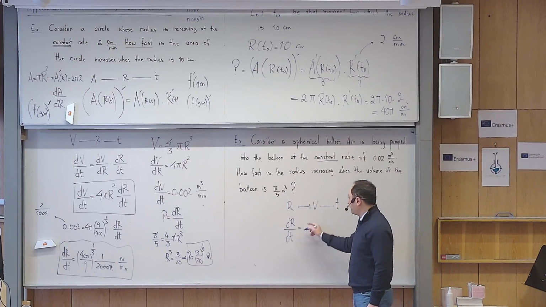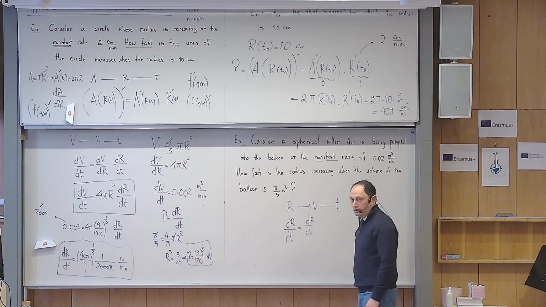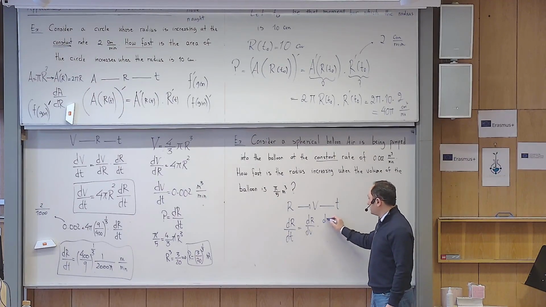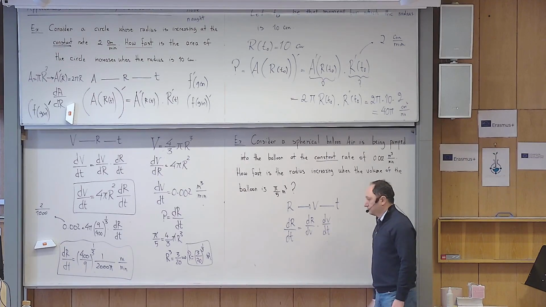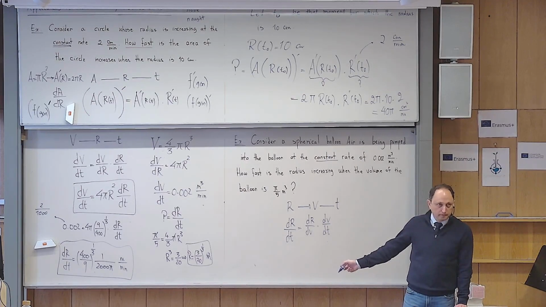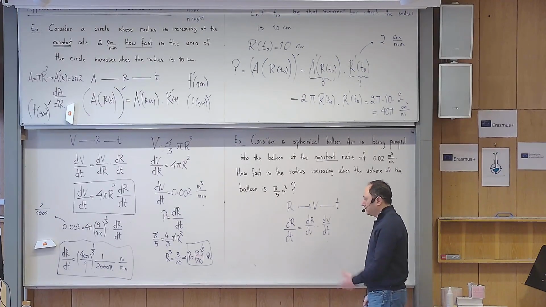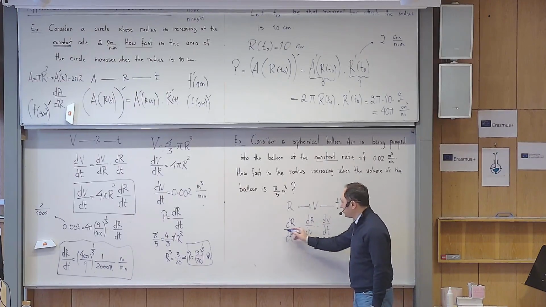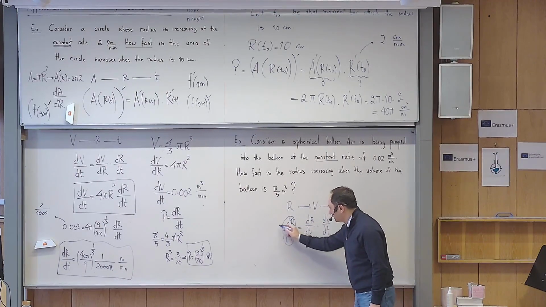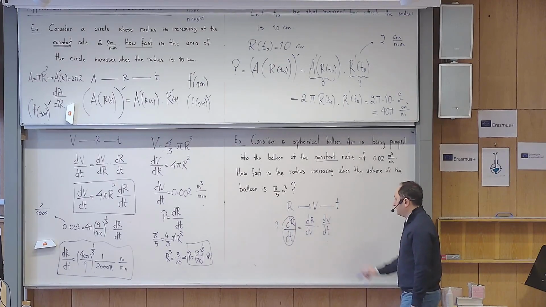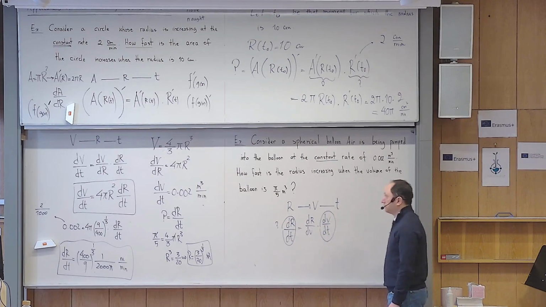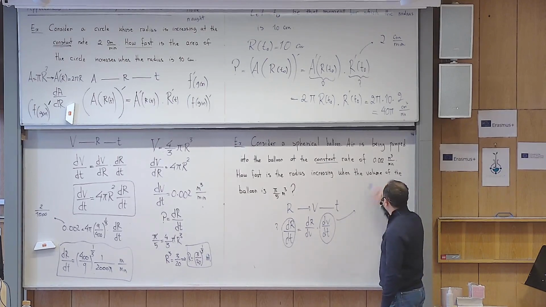This time you have to write dR with respect to V and then multiply it by dV/dt. This is also possible, and this is probably more natural, because the question is asking about how fast the radius is changing. So the question mark is really this one, and dV/dt is given to me. This might be simpler.